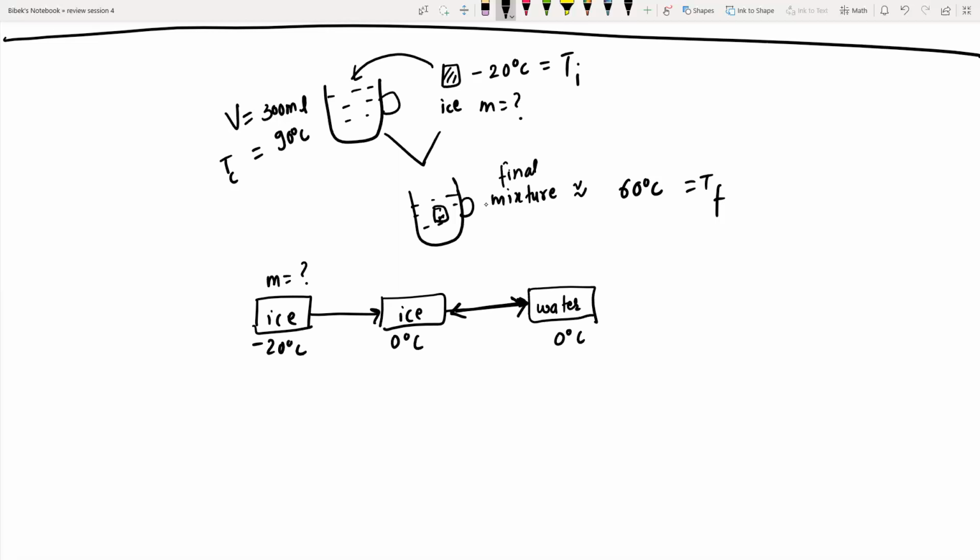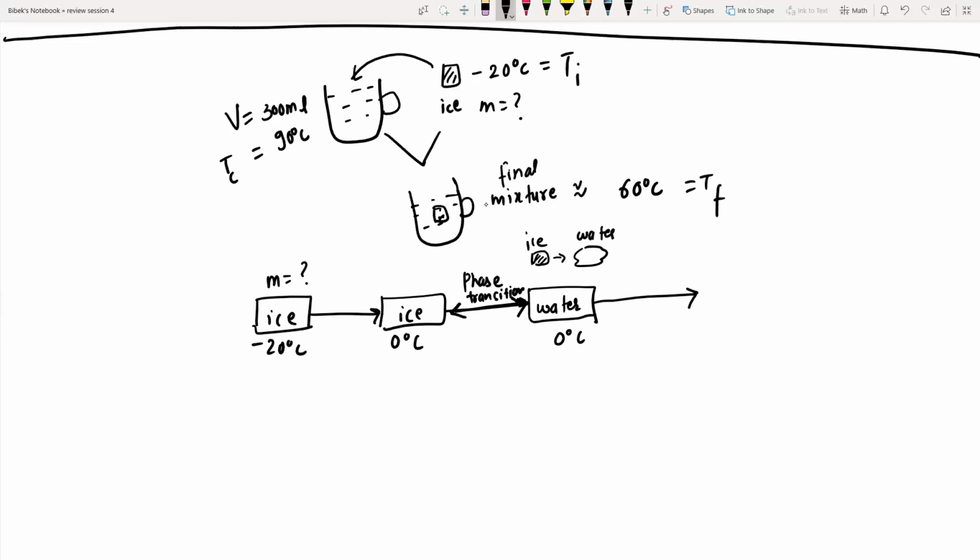So this is the phase transition. And this water is just the melted ice, so the mass will be the same.